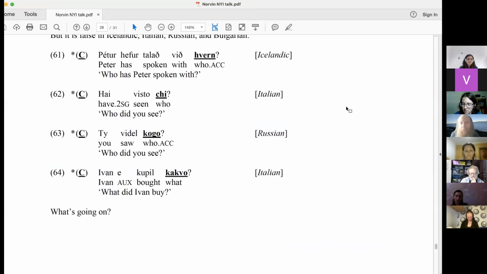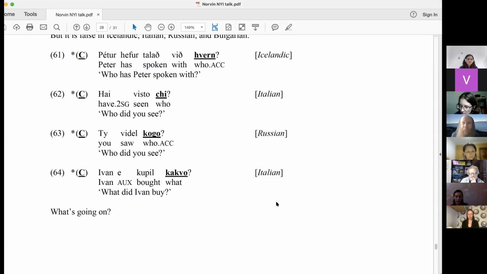One of the reasons I did this study, both for Russian and Bulgarian, was that I wanted to see whether those are left prominent languages or right prominent languages. And they're right prominent languages, they just are. And so this theory makes it sound like they ought to have the option of leaving WH in situ. Same with Italian. Italian ought to have the option of WH in situ, and it doesn't. So 62 is bad in Italian.